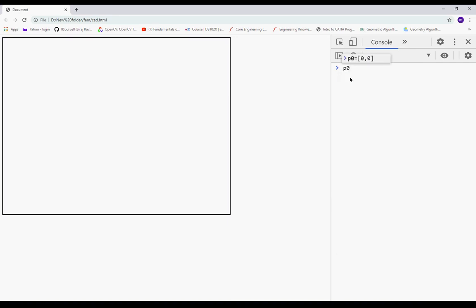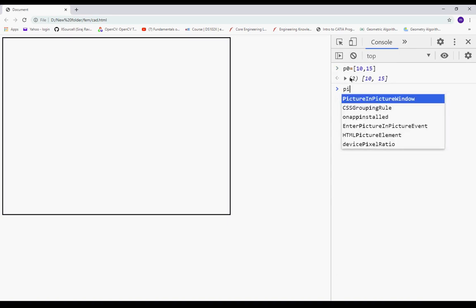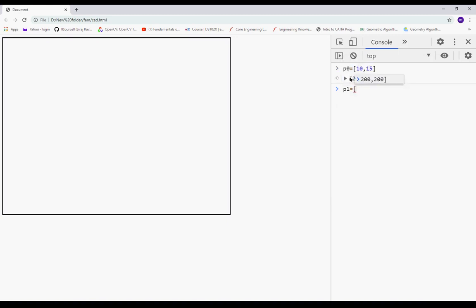I'll create p0 equal to, and p1 equal to 40,60, so we will be in a position to verify these values. dp0 equal to 1,1, and dp1 equal to 2,3.